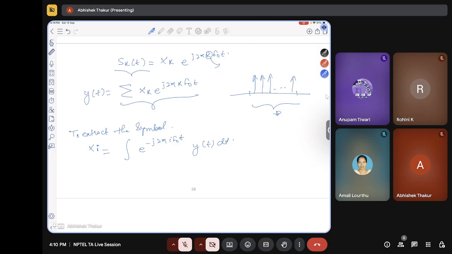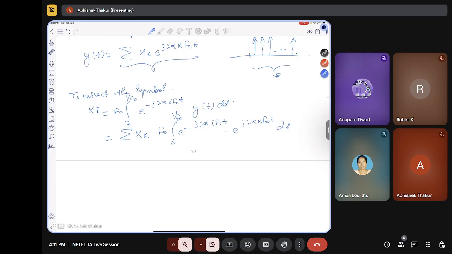We can substitute this value of y(t), and then we will get the summation of xk, which will come out. This integration is from 0 to 1 by f naught, of e to the power of minus j 2 pi i f naught t into e to the power of j 2 pi k f naught t dt.